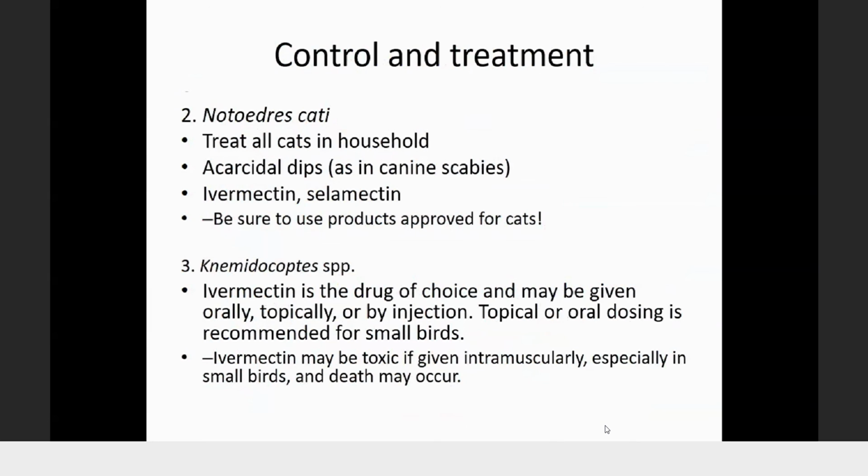Okay, to address this gap, it's really important to treat all pets in the household. You can use your pesticides and canine cases. And use ivermectin as well. Okay, you can use ivermectin in your drops just now. Now, for birds, ivermectin is the drug of choice, and may be given orally because you avoid injection. And low doses are recommended for small birds.